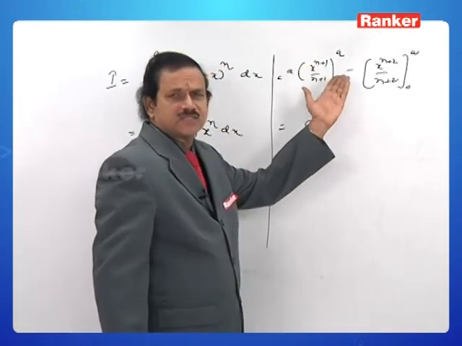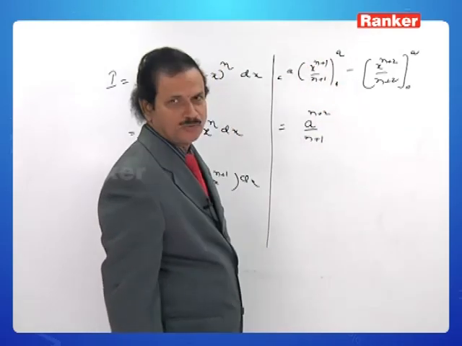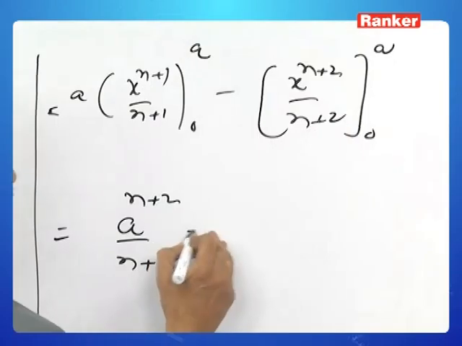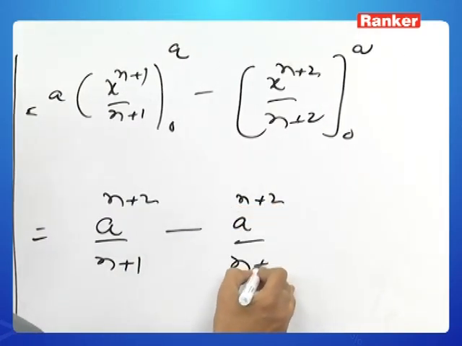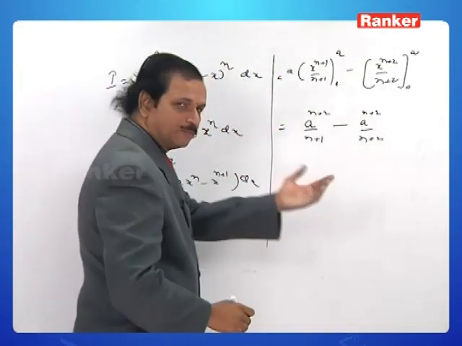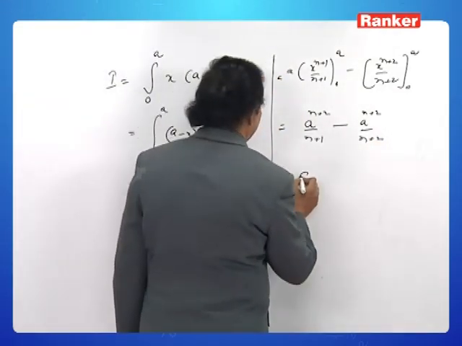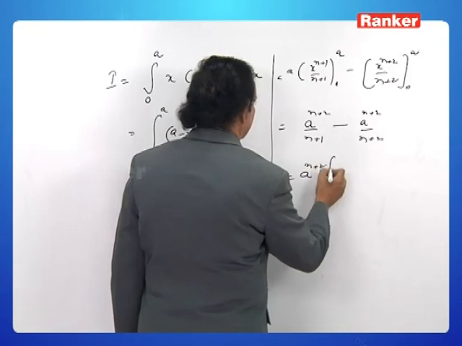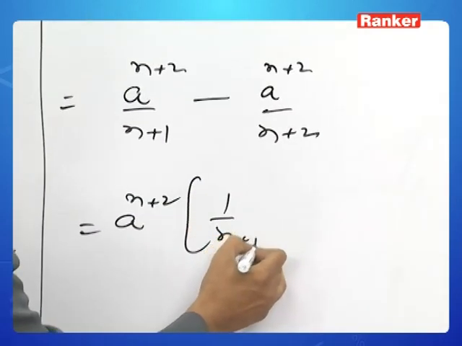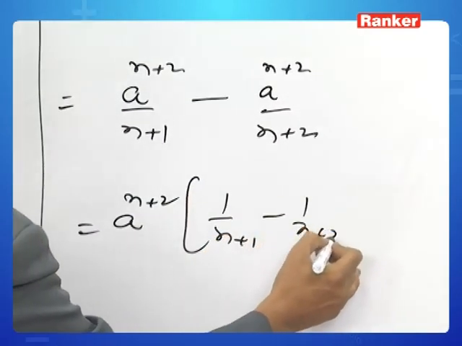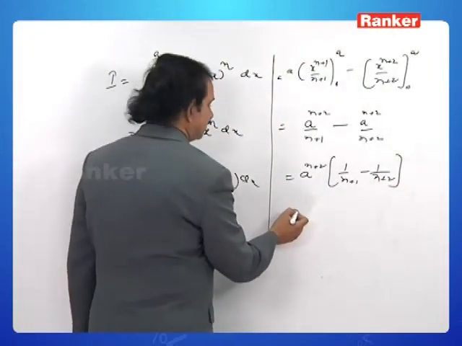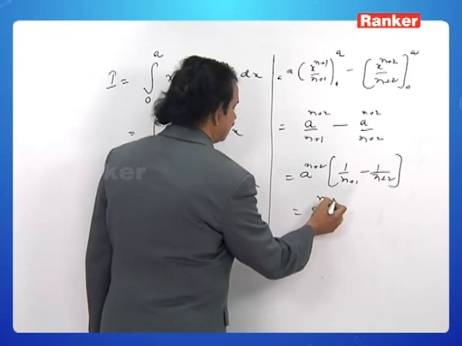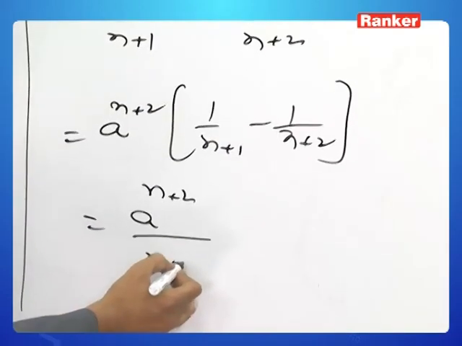Minus, if you put x is equal to 0, this becomes 0, no problem. What about the next fact, that is a power n plus 2 by n plus 2? You pull a power n plus 2 out, a power n plus 2 into 1 by n plus 1 minus 1 by n plus 2.